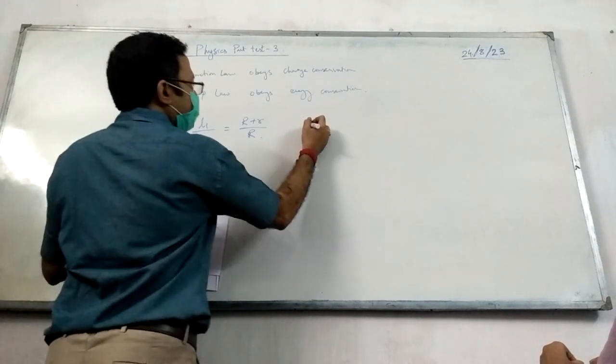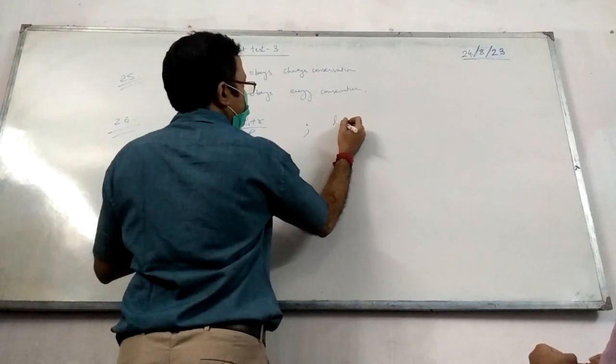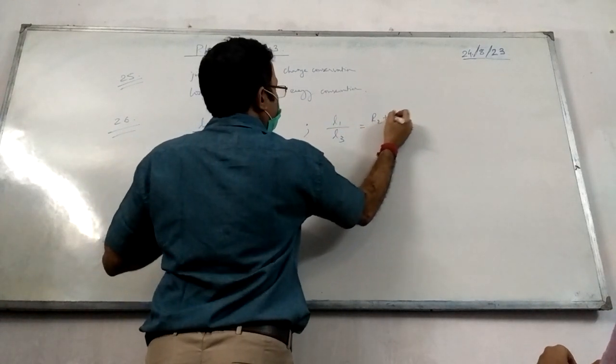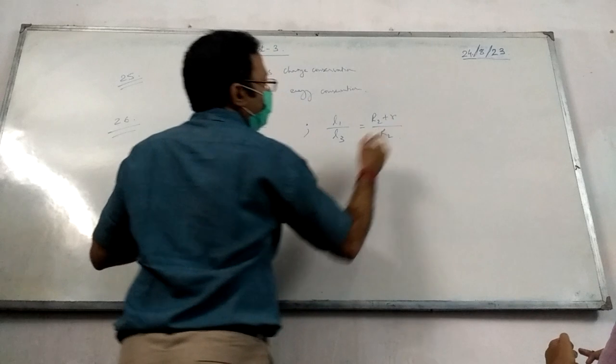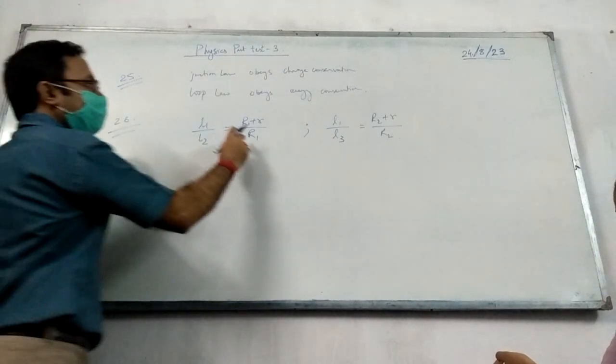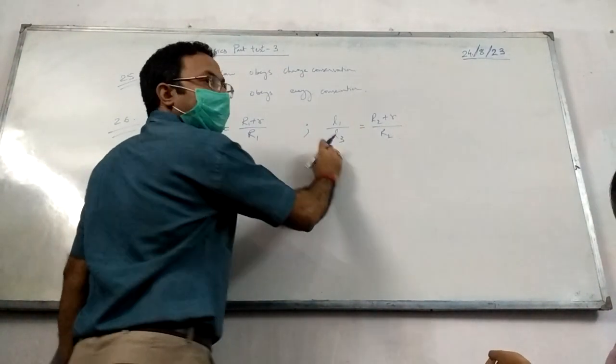Right. So in the second case, say this is R1, and in the second case, it will be L1 by L3 equal to R2 plus R by R2. So original length of balancing will remain the same, but first case में R1 के लिए L2 length होगा और second case में R2 के लिए L3 length.